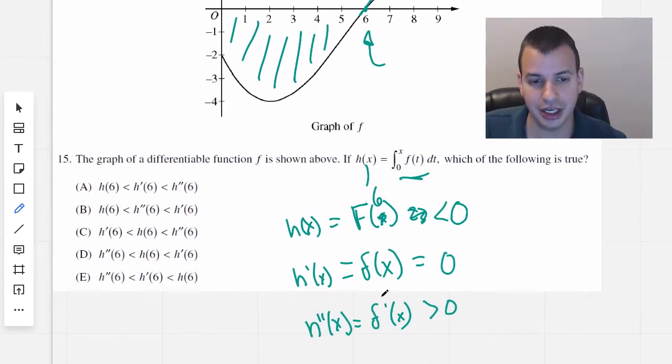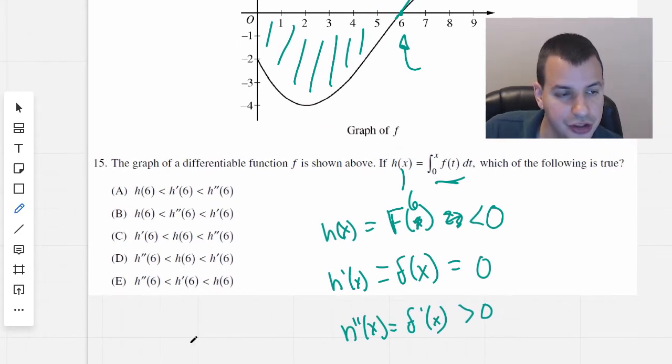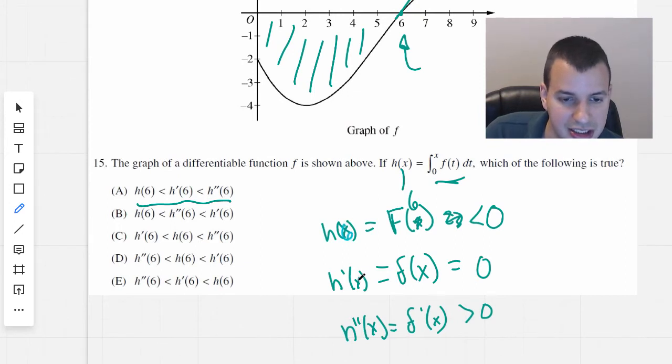And so we have a relation here. We know one is less than 0, one equals 0, and one is greater than 0. So we look over here at this one right here. So we have h of 6. I know these are all x, but I should be writing 6 here. So 6, 6.